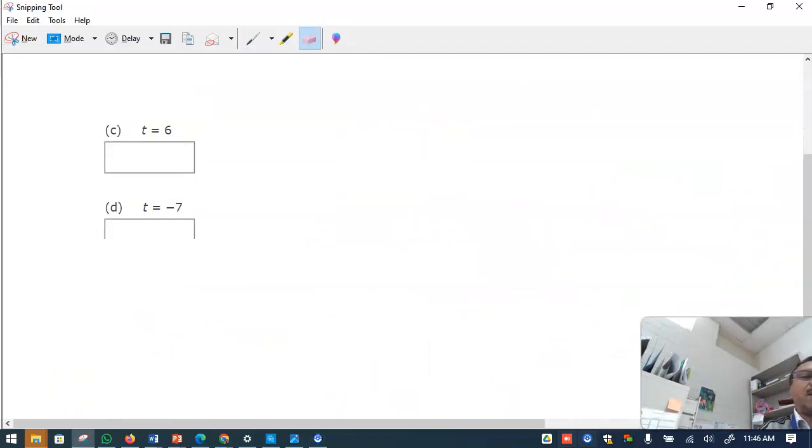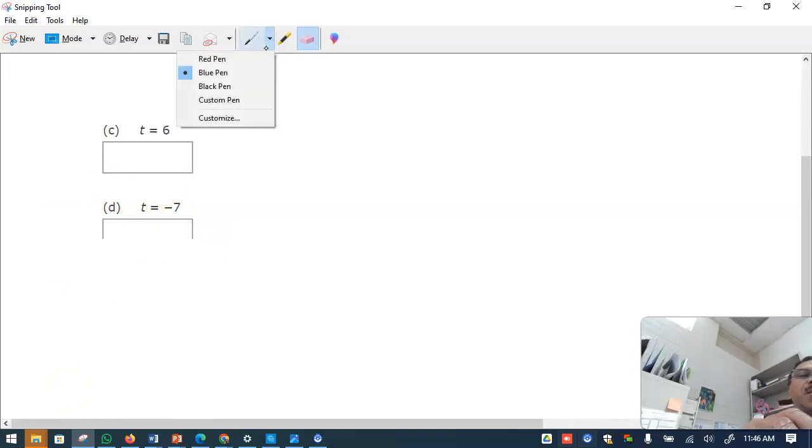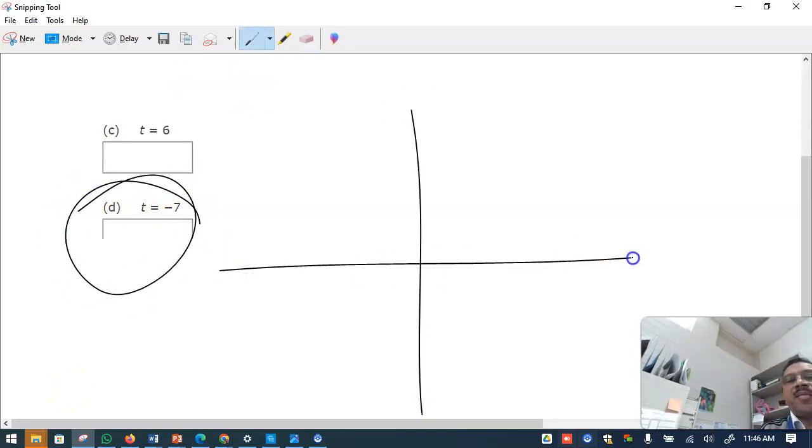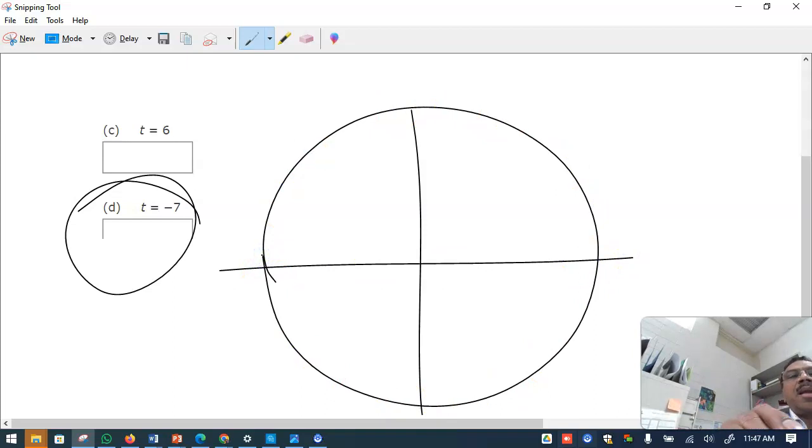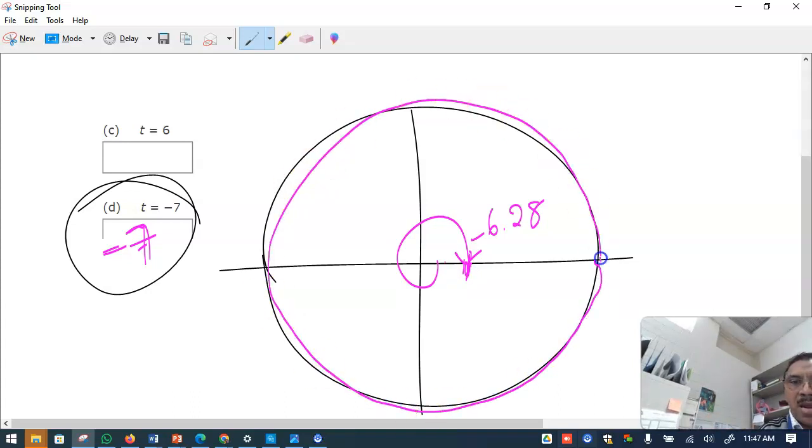Okay, there is a fourth question also. This part means if this is the unit circle and it is going in the clockwise direction, because there's a minus sign, the angle has to be clockwise. We do know that all around till here is minus 6.28. But the one they gave us was minus 7, that means it crosses here. So what they gave us is the arc length, this whole thing, and then until here, maybe a little more.